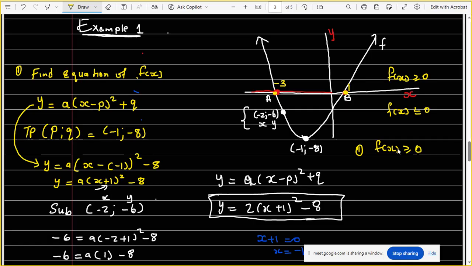So when it's greater, it must be... so it's negative, it's less than or equal to -3. It's greater than or equal to -3, and then also less than -1. No, no, no, say that again.